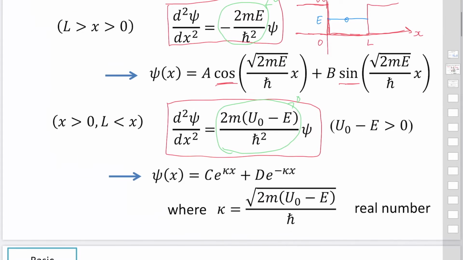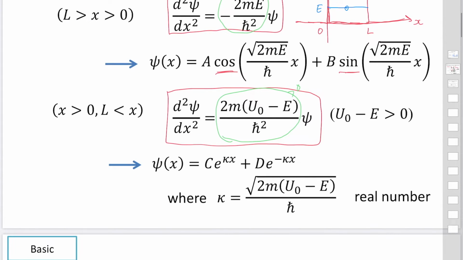In the case of outside the box, this becomes positive. This becomes just an exponential function, exponential kappa x or exponential minus kappa x, and this part becomes kappa squared.